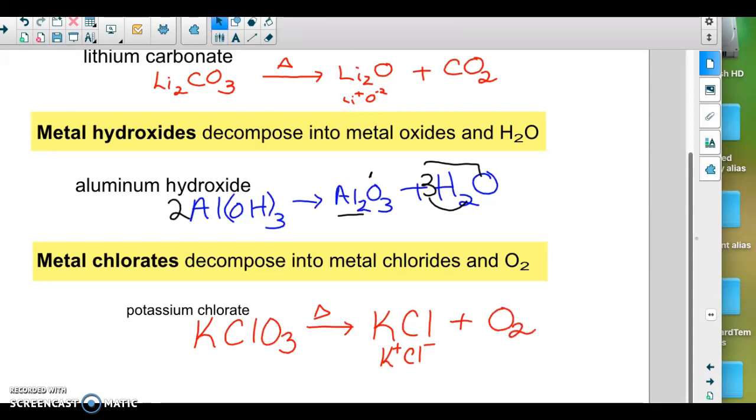So if we were to do this one in the lab when we did a wood splint test, the wood splint would have actually lit itself on fire even more, so it would be oxygen. In this problem, you can see that we have 2 oxygens and 3, so we would want to have 6. I would put a 3 and a 2, and now I have 2 potassiums and 2 chlorines, so I would want to put a 2 here.